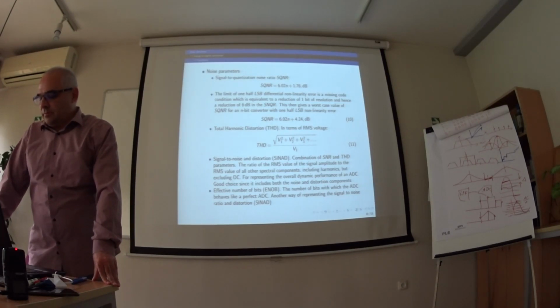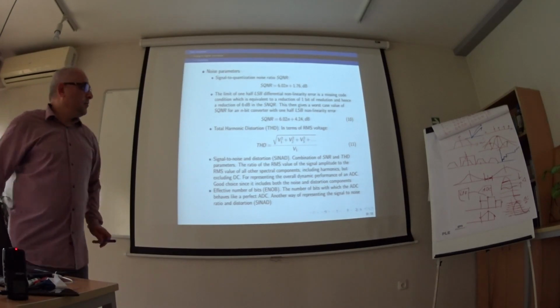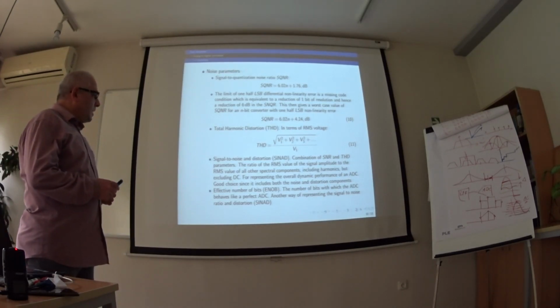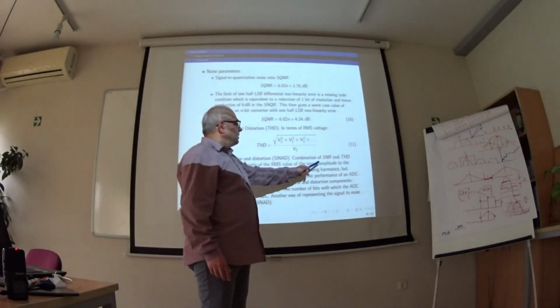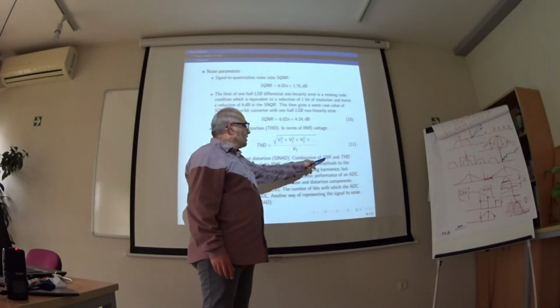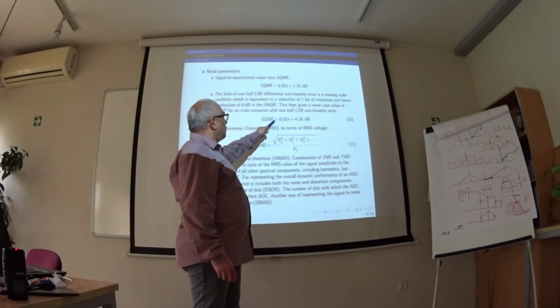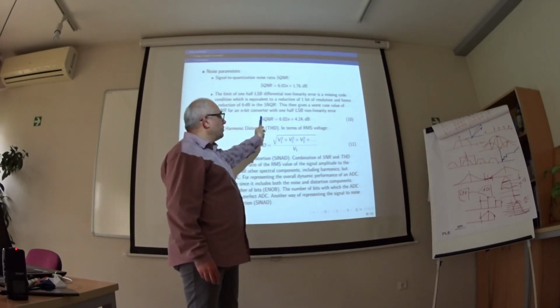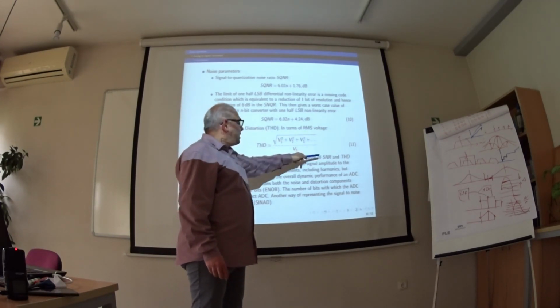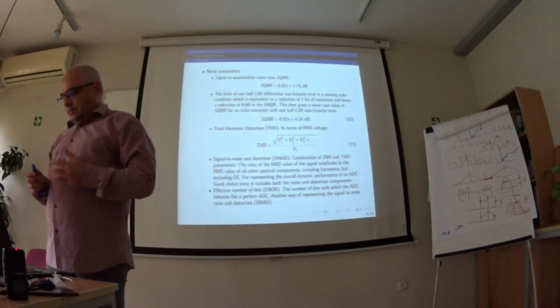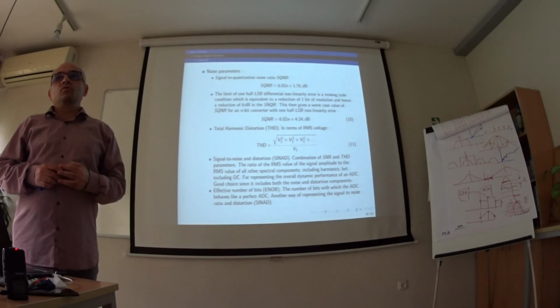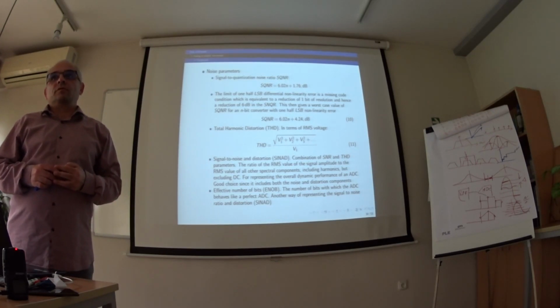There is some misunderstanding here. Some authors consider signal to noise ratio as signal to quantization noise ratio, but they are almost the same for low resolution analog to digital converters.